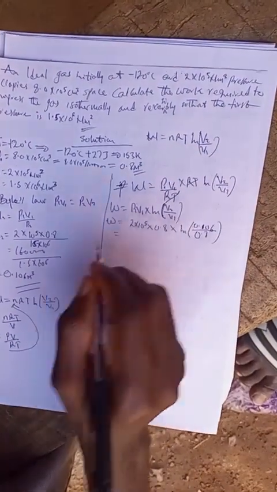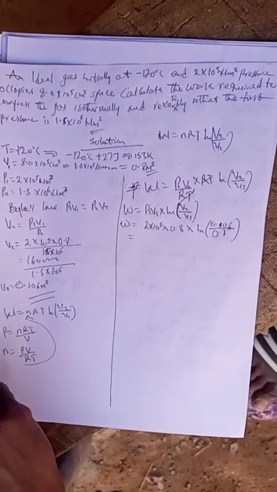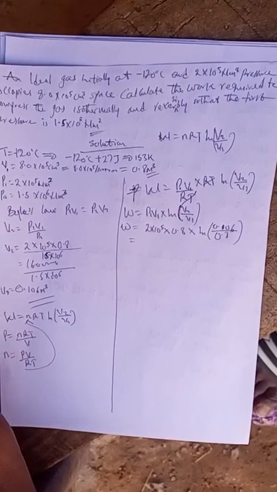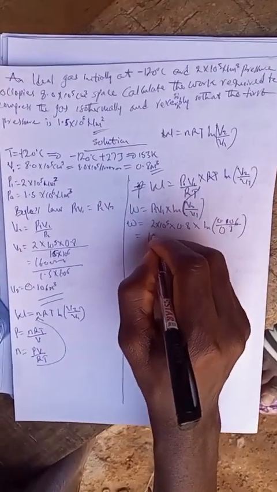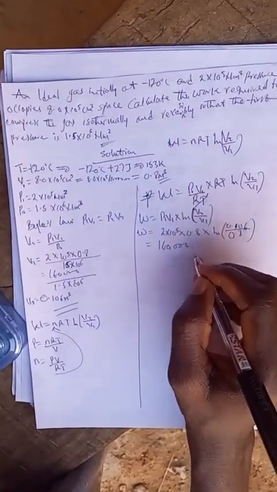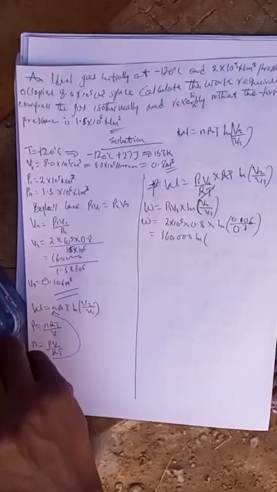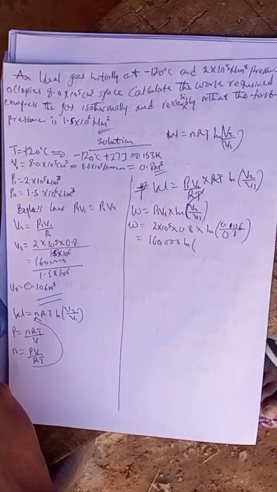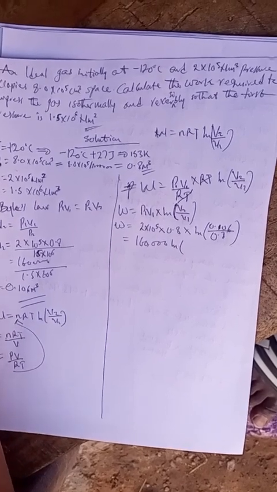So this will be 2 × 10^5 multiplied by 0.8, which gives 160,000, multiplied by ln of 0.106 divided by 0.8.